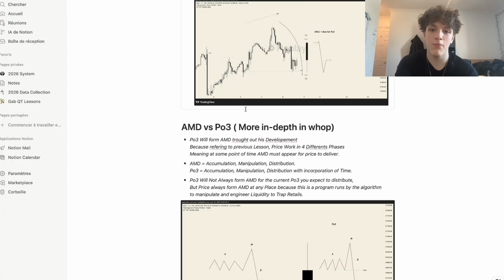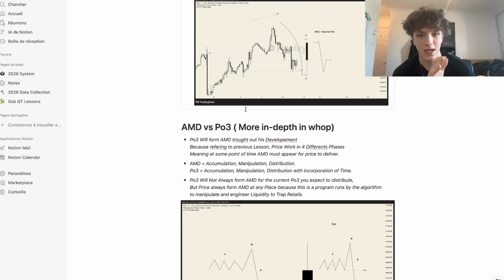What I mean by price delivering from an AMD is that an AMD is perfectly engineered by an algorithm to manipulate and engineer liquidity to trap retail traders, to generate buy stops and sell stops. If we are generating buy stops and sell stops, that's for a reason. That's for trapping those retail traders to distribute, like I talked about in the first lesson about the price phases.